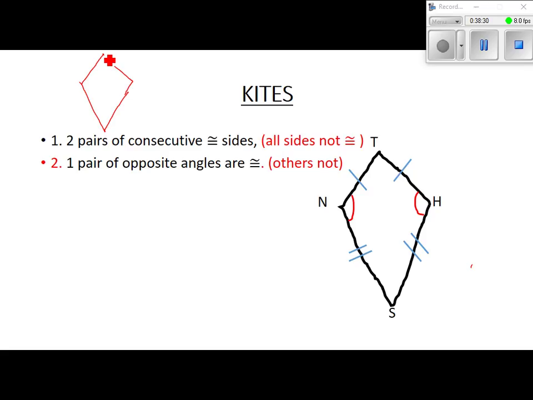What does it have to do with? The parallelogram. What do we know about opposite angles in a parallelogram? Opposite angles are congruent. Well, if this only has one pair, will it fit in here? No. So we can get rid of that one. Can't be under a parallelogram.